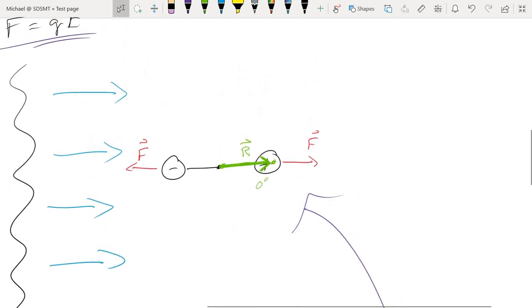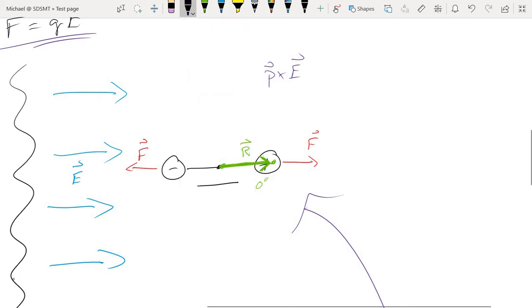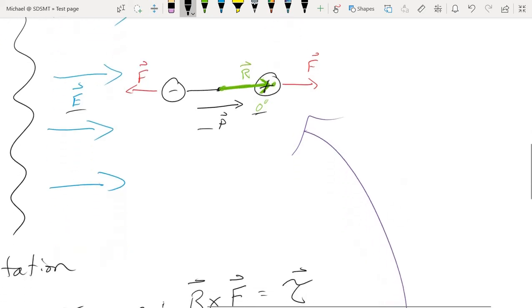How does that work with the P cross E? Well, I still have my electric field vectors pointing to the right, and our dipole moment always points in the direction of the positive charge of our dipole, and so those two are also running parallel and have a 0 degree relationship.